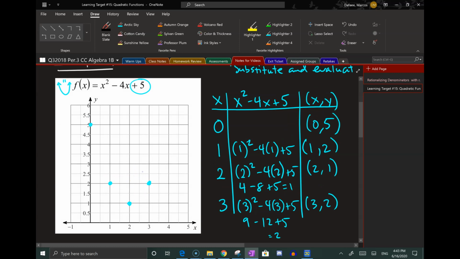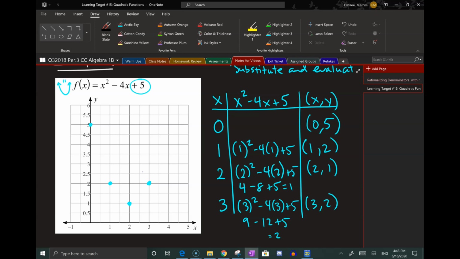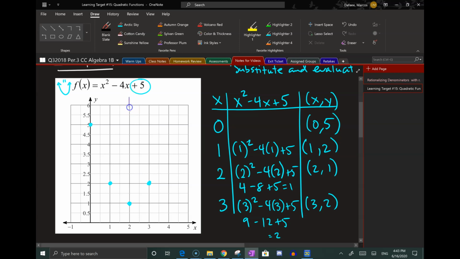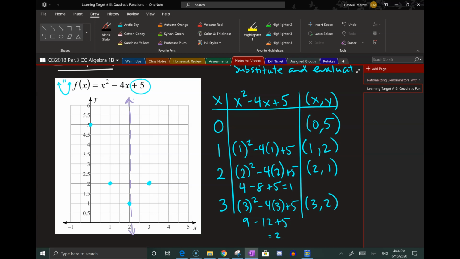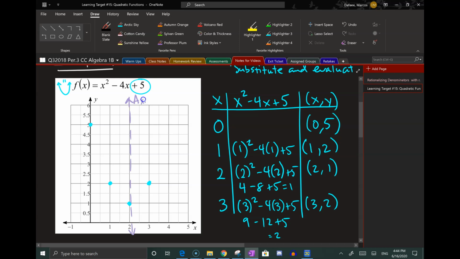So let me first go ahead and do what I said. I'm going to get the place in the middle. So the place in the middle is right over here. Draw my line. Again, this line represents the invisible line of symmetry where the parabola will get sliced in perfect halves. And it has a name, and it's called the axis of symmetry.